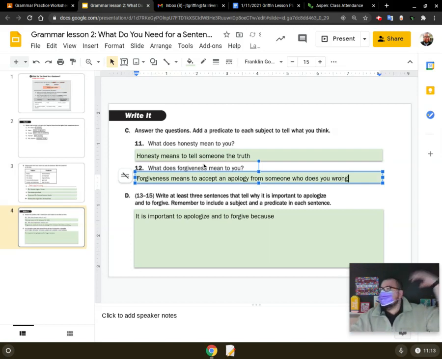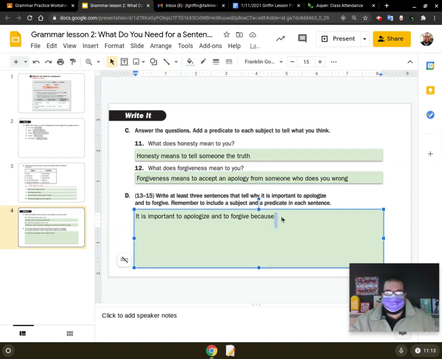So forgiveness is the subject, and the predicate, accept an apology from someone who does you wrong. So now for D, write at least 3 sentences that tell why it is important to apologize and to forgive. Remember to include a subject and a predicate in each sentence.